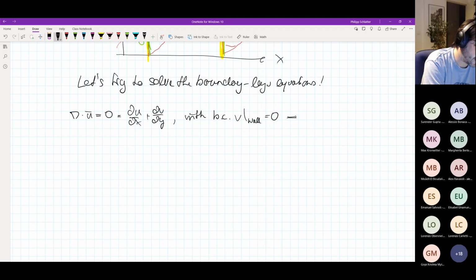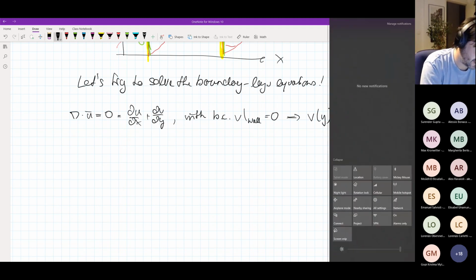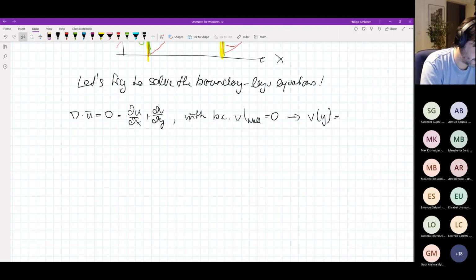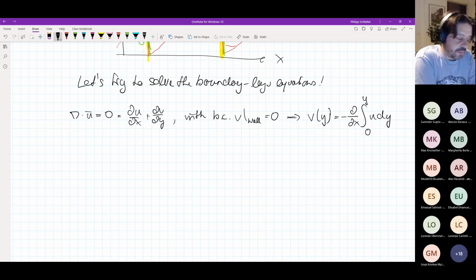With this, we can reformulate the continuity equation in the following way. V of y actually becomes minus the d/dx of the integral from 0 to y of u dy. I'm just integrating the continuity equation with respect to y.